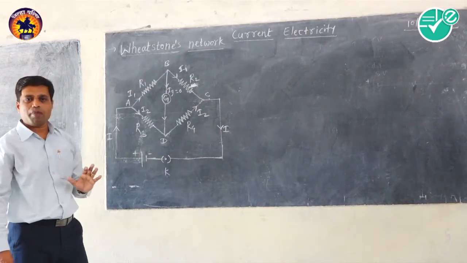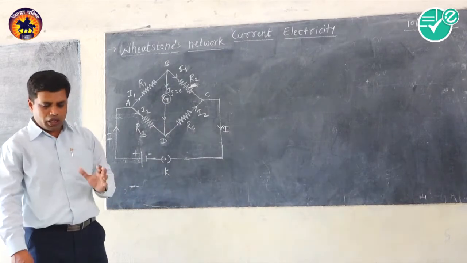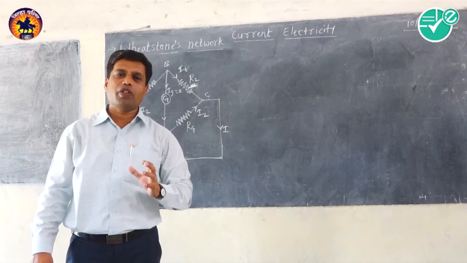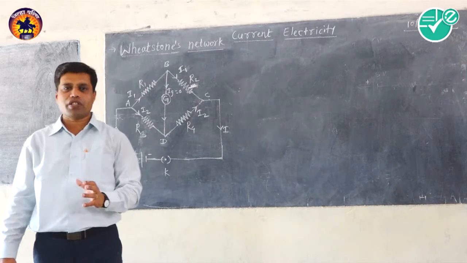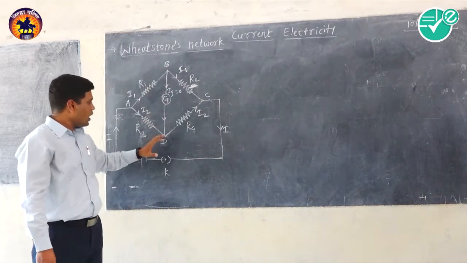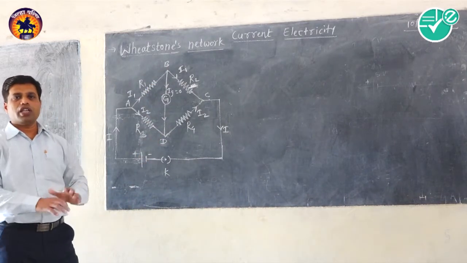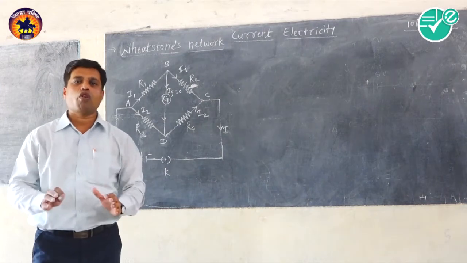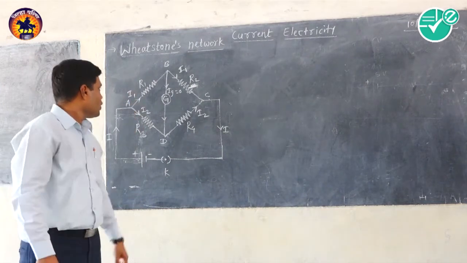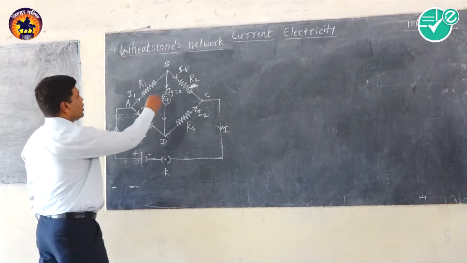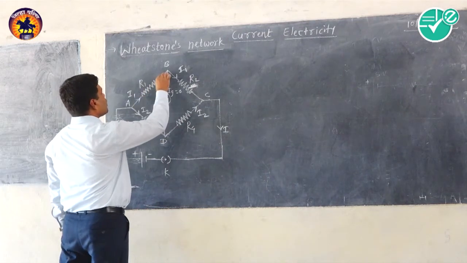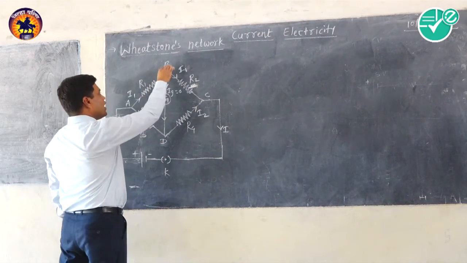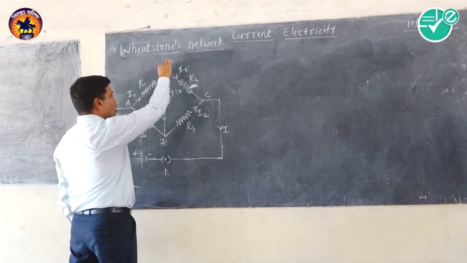Why will it happen? Because we know current will flow only between those points which have a potential difference. If these 2 points have the same potential, then there will be no flow of current between them. So the current I1 flowing through resistor R1 will not divide at this part and will go as it is.